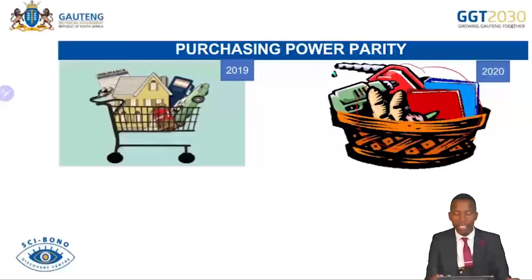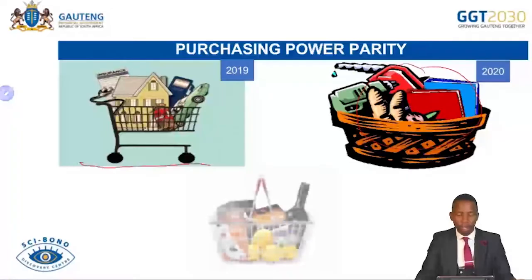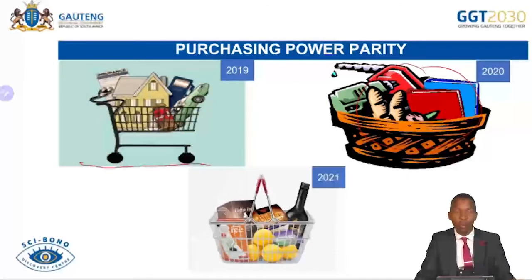You can see the basket is different now. This one was fully loaded and this one is a little bit smaller because the consumer is not willing to adjust the budget, keeping the same amount, so the consumer will afford fewer goods and services. And then the following year, which is 2021, inflation increases significantly to the point that with the similar amount of 12,000 that was spent here, the consumer will afford even fewer goods and services.